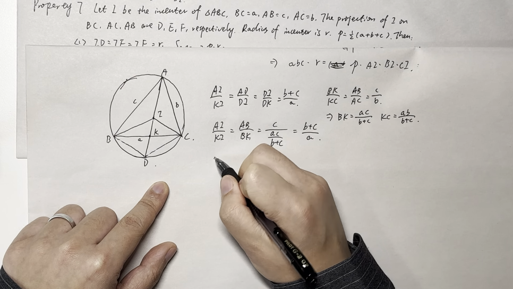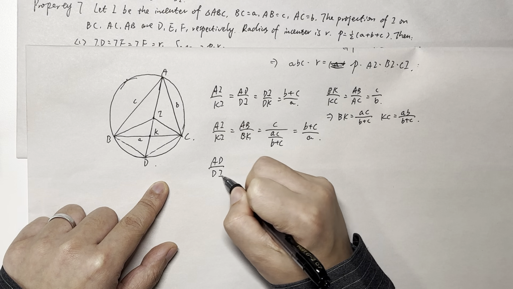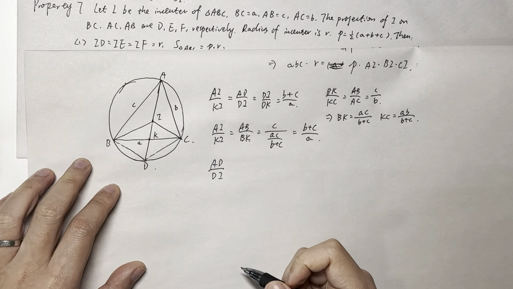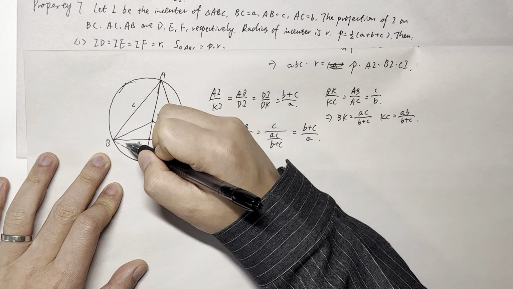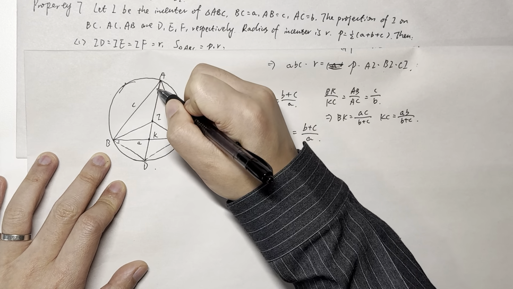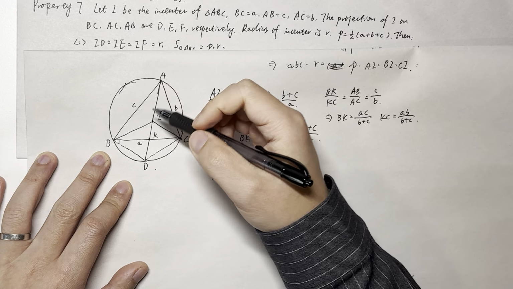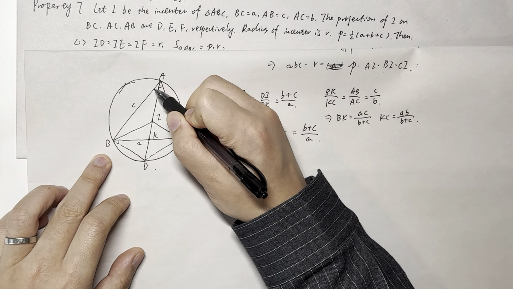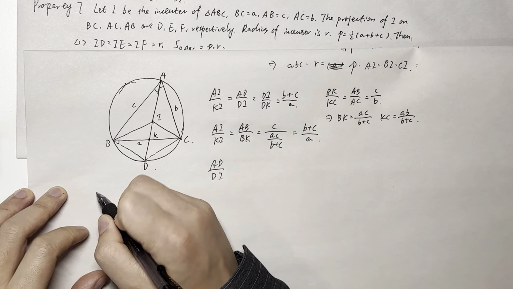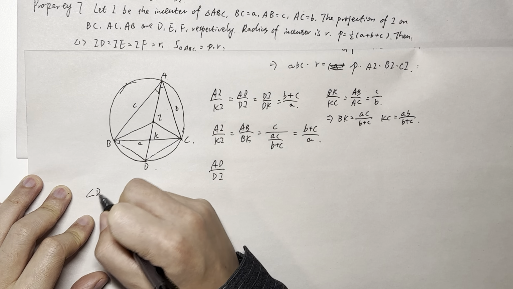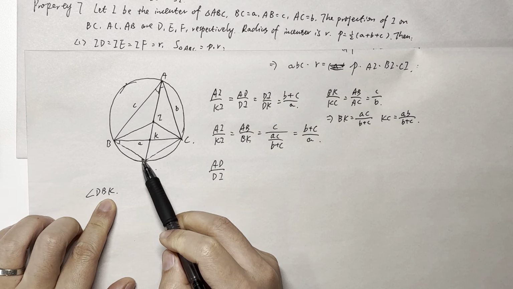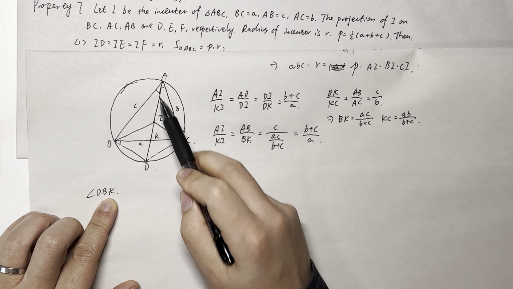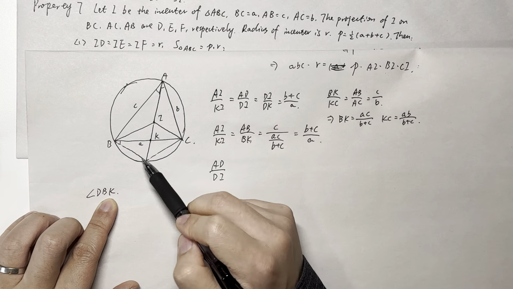And we want to find AD to DI. Okay, let's see this one. Because this angle equals this angle equals this angle, angle DBK equals angle BAD.